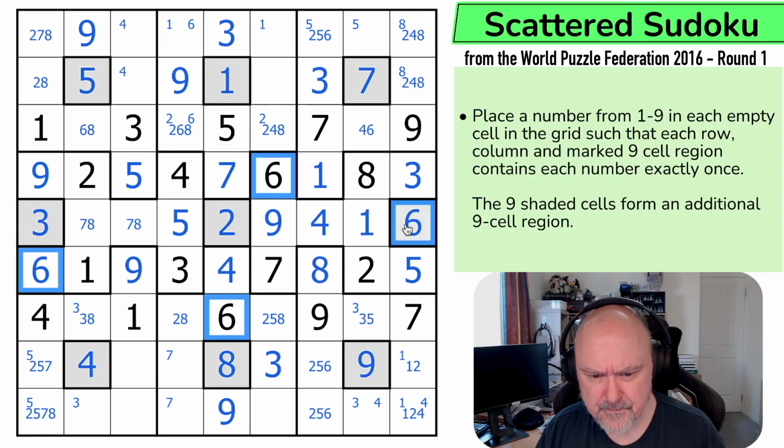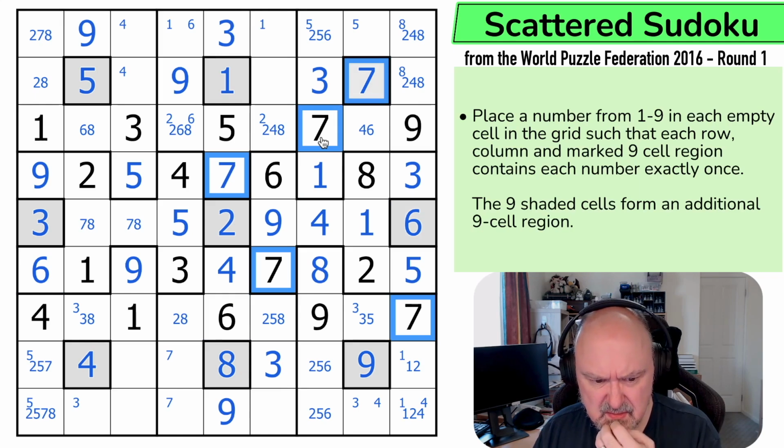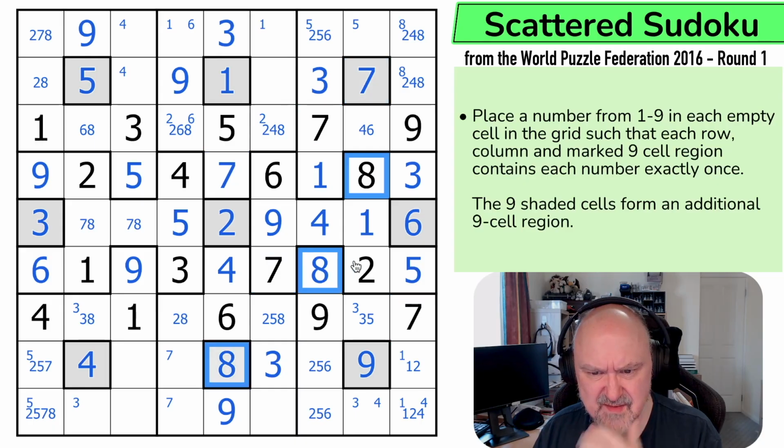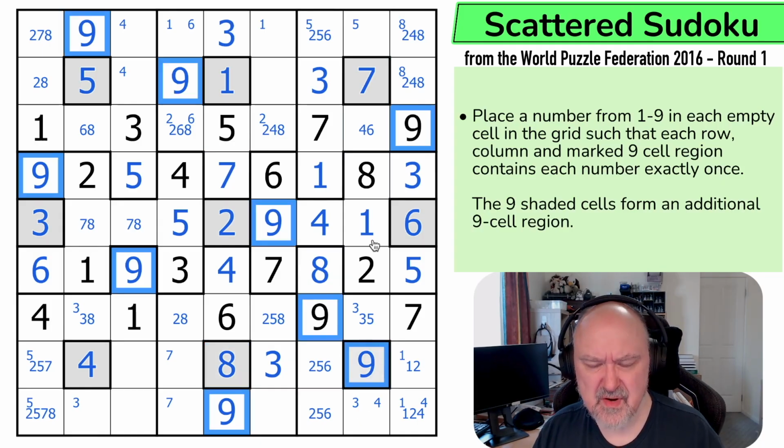6s. No. 7s. I mean, it might be, but none of it's jumping out at me as good. 8s. Oh, I've got almost nothing. And 9s I've already completed.